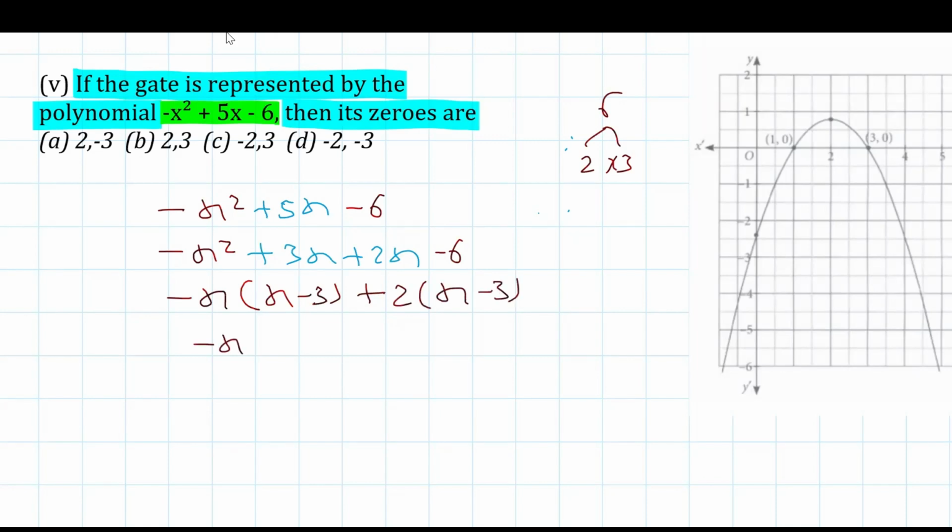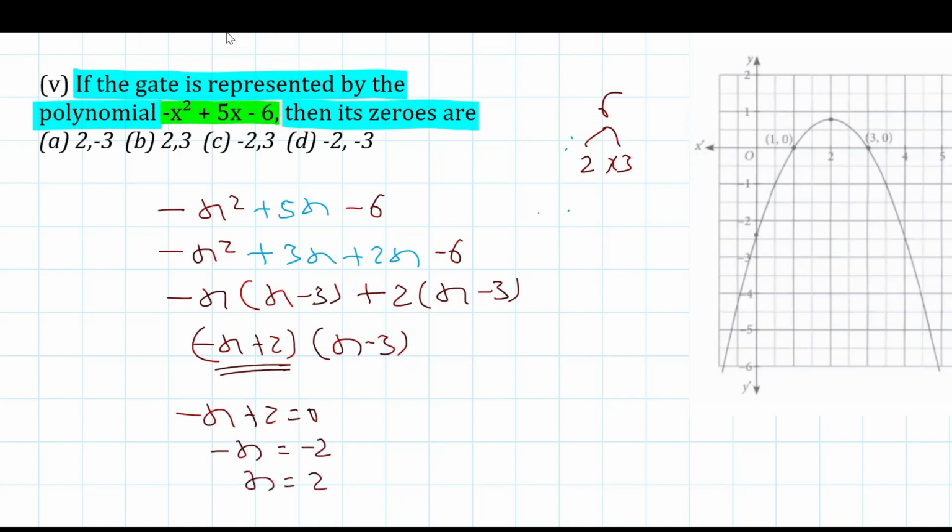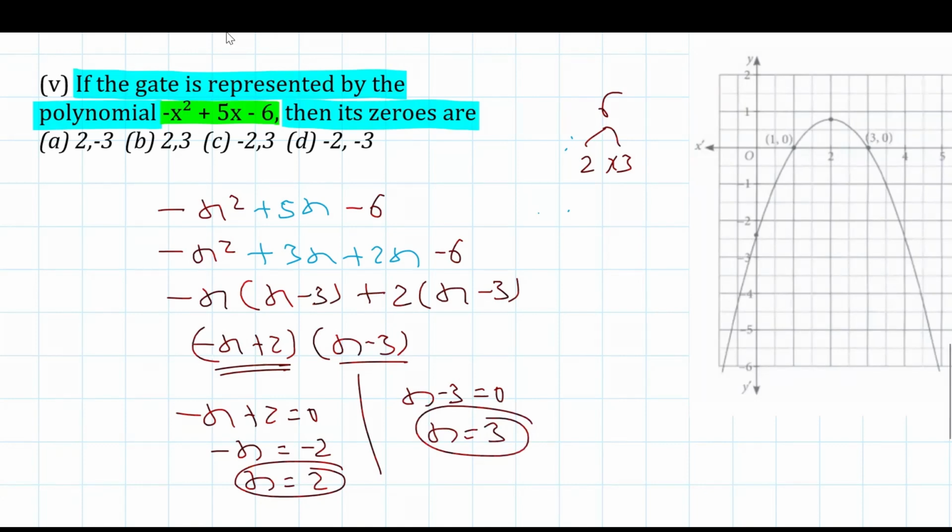So finally we have minus x plus 2 and x minus 3. Now equating this with 0, we get minus x as minus 2, or you may say x is equal to 2. And equating x minus 3 with 0, we get x as 3. So it's positive 2 and positive 3. That is, option B is correct in this case.